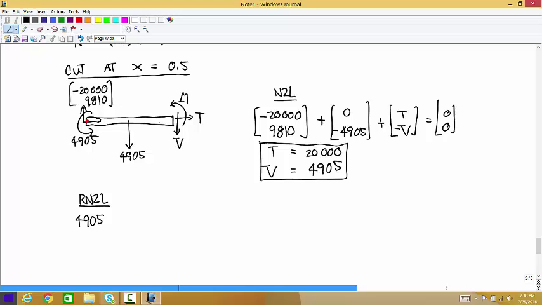This whole thing is 0.5 meters, so 0.25. So 0.25 times 4905, and is that positive or negative? Negative, plus M minus Vx is equal to 0. And x is 0.5.